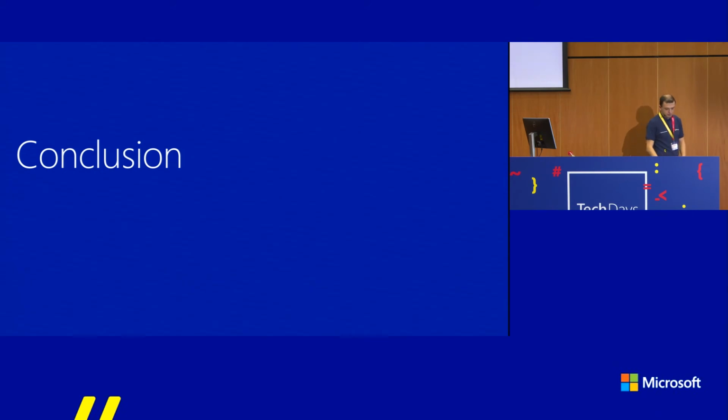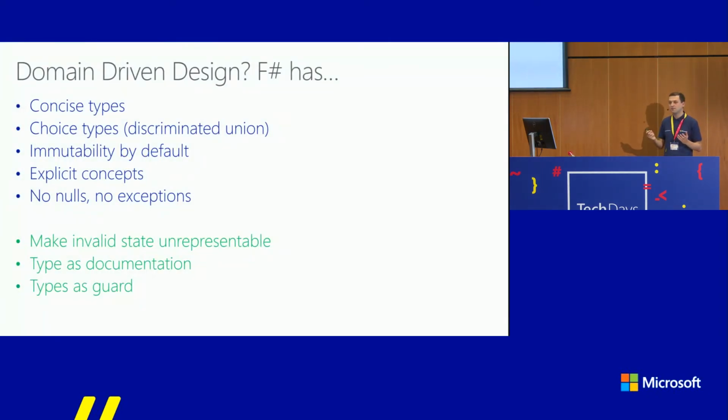So that was all the code. What I still want to discuss briefly is my message that F# is a suitable language for general purpose modern applications. So what kind of concepts can you use it for? Let's say you start a new application and you want to use domain-driven design.